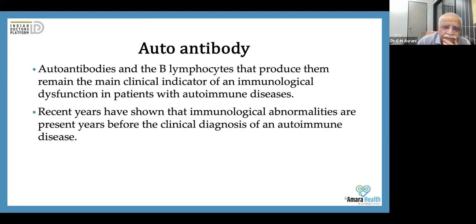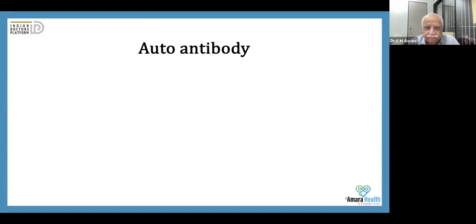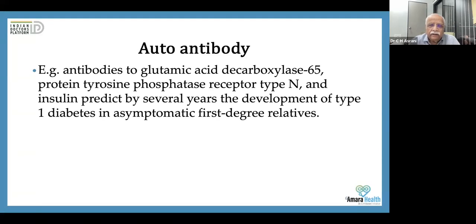Recent years have shown that immunological abnormalities are present years before the clinical diagnosis of autoimmune disorder comes in. The first trigger has come maybe 5, 10, 20 years back. The manifestation may be late. Just an example, we don't have to use in practice.